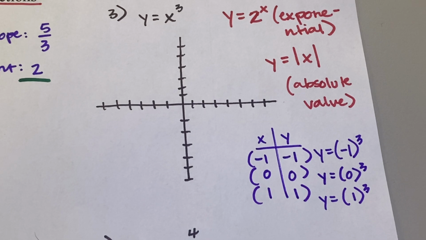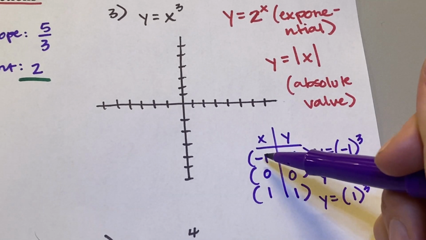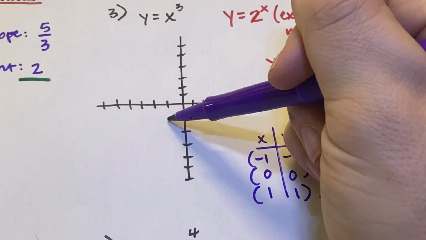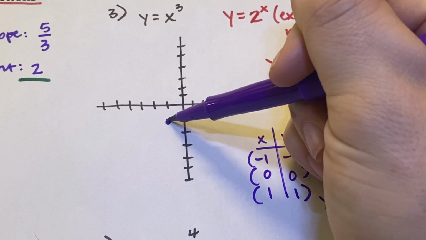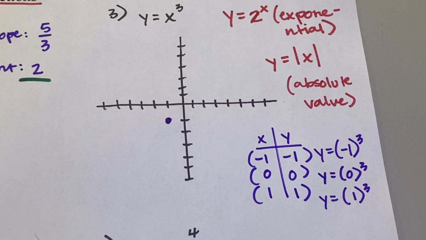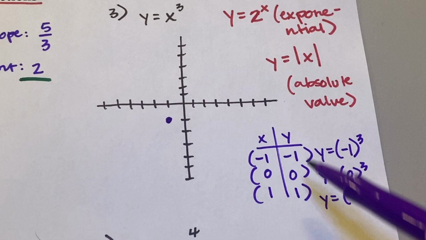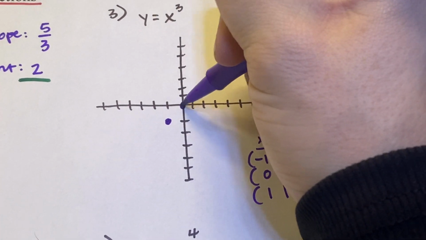So let's go ahead and put them on my nice little drawn graph here. My first coordinate point is negative 1, negative 1. So negative 1 for your x, down to negative 1 for your y, and boom, there's our first coordinate point. 0, 0, we love that coordinate point, just right in the middle.